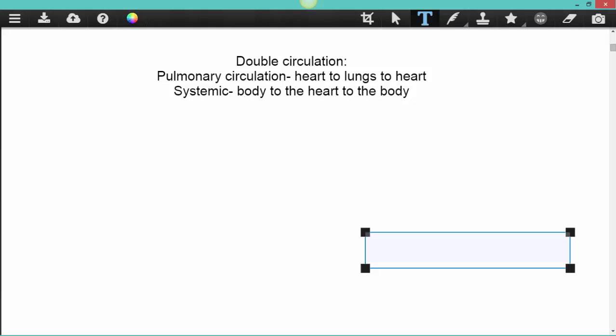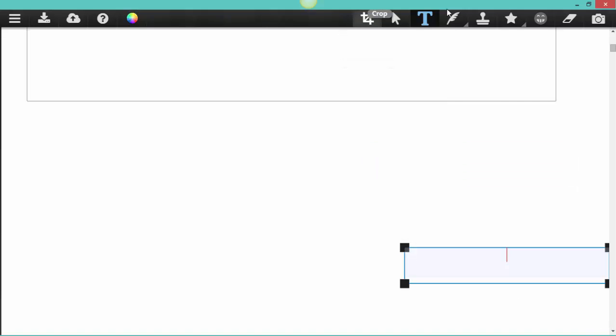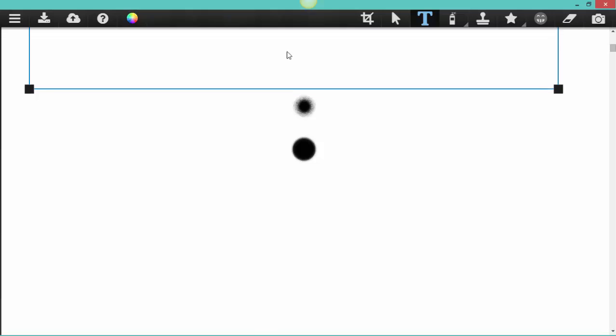Now we're going to learn more on how blood is transferred all over the body and how it's transferred to the heart from all over the body. We'll keep this dot as the heart and this one as the lungs. Now we have a few parts that are going to be here.